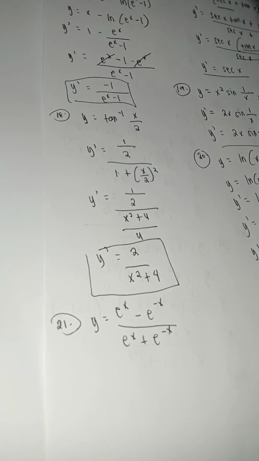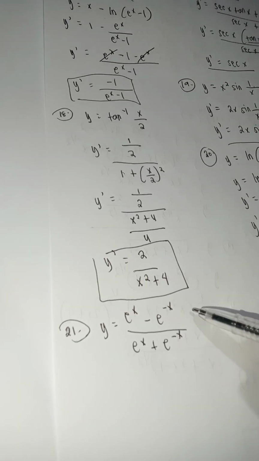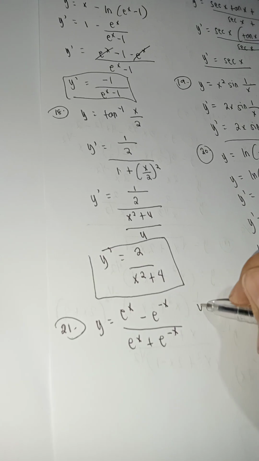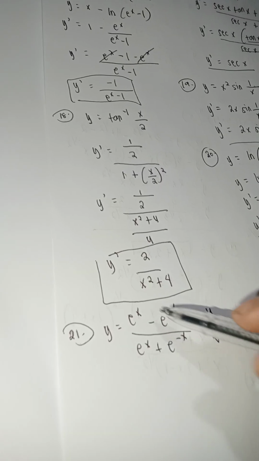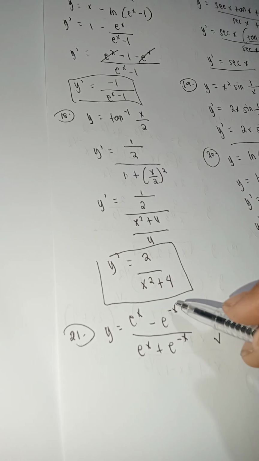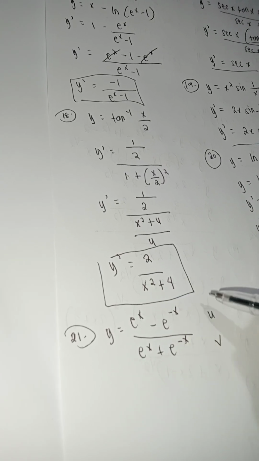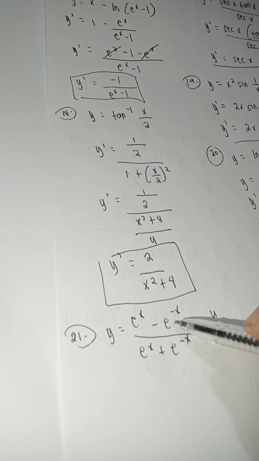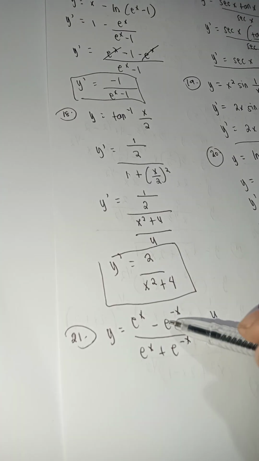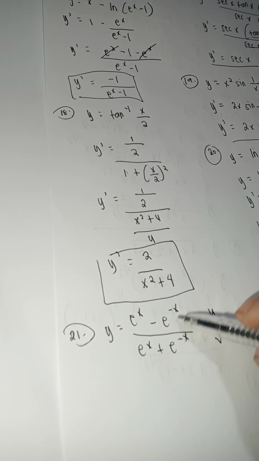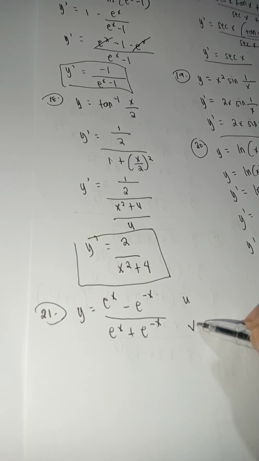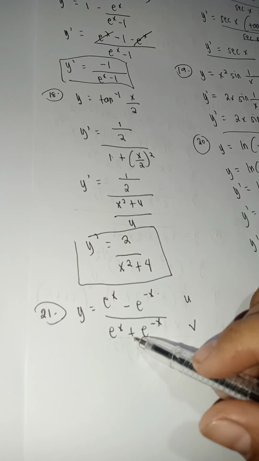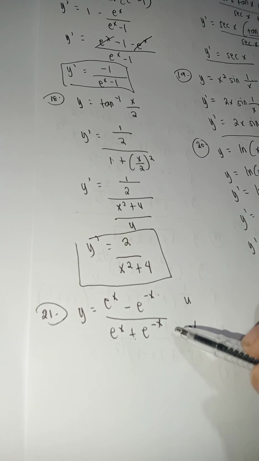By this problem, we will let this be our u and this be our v, and differentiate each. Getting the derivative of u, it results to e to the x plus e to the negative x. The derivative of v is e to the x minus e to the negative x.